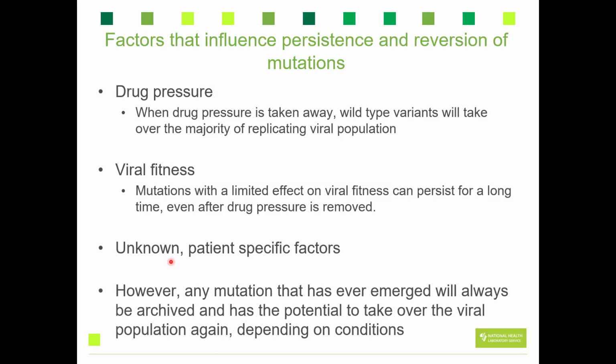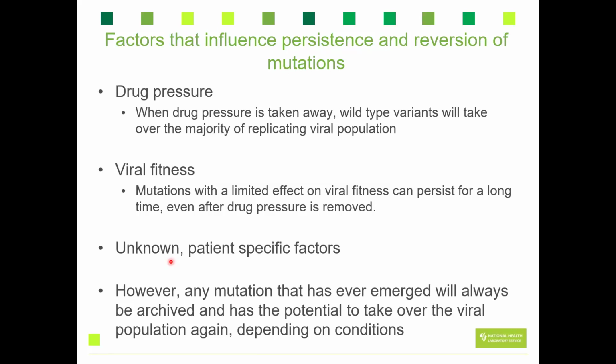You always need to take the previous drug exposure into account. For example, if you get that result from a PI failure, there is no K103N mutation. You shouldn't switch the patient back to efavirenz, obviously, because the patient has been exposed to efavirenz in the past, and it's very likely that that mutation is in the background somewhere.